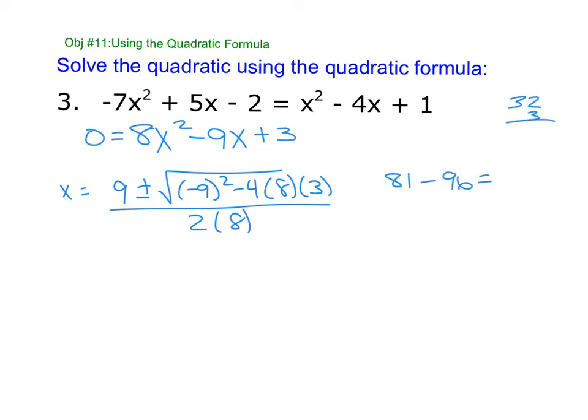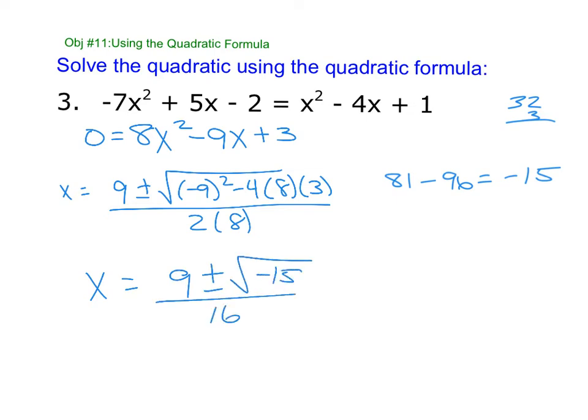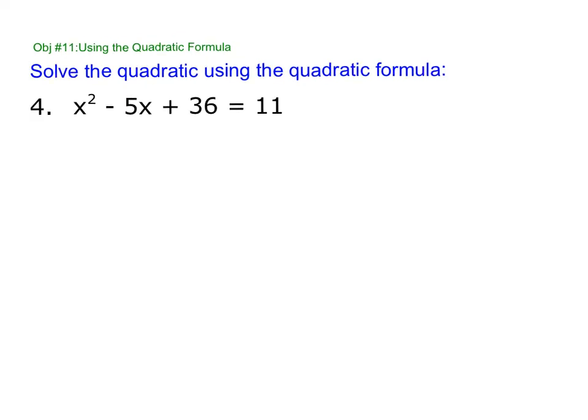That gives me negative 15. So we get 9 plus or minus the square root of negative 15 all over 16. So because we have a negative under the square root, it is no real solution. And we're going to go over why that happens later.